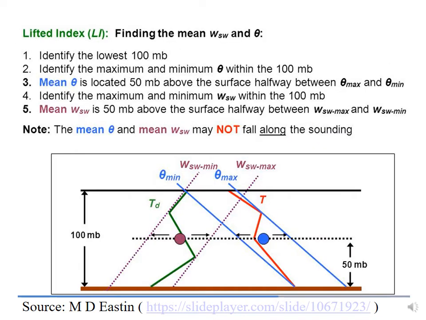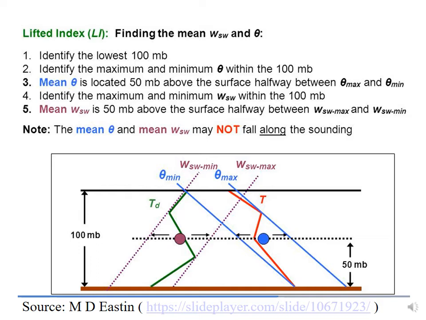So how do you determine the mean value of the boundary layer, that lowest 10 kilopascals? You basically have to identify the maximum and minimum potential temperature within that layer, and the mean potential temperature is located 5 kilopascals above the surface and halfway between the maximum and the minimum potential temperature.